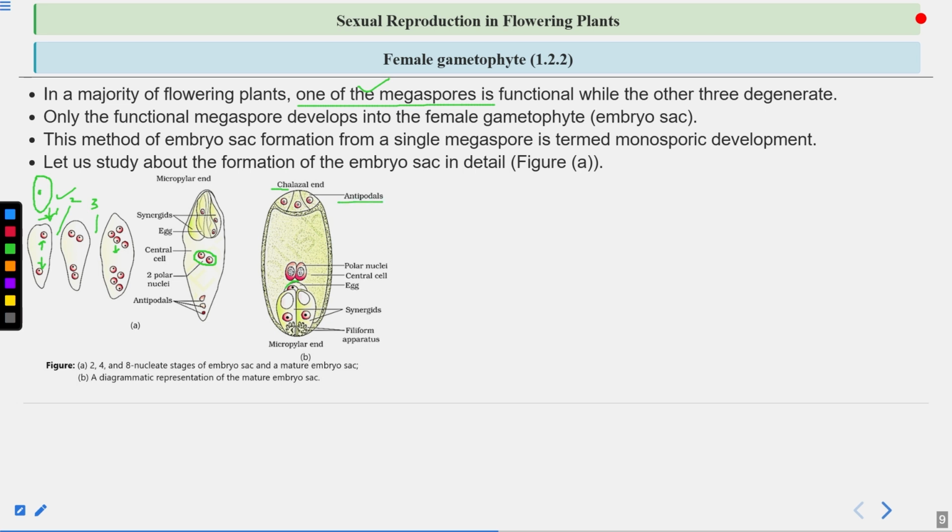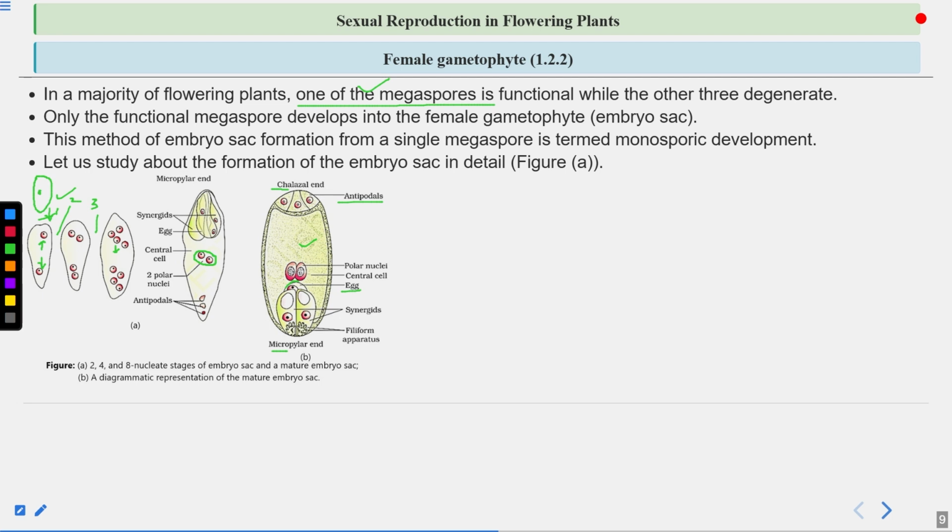Here you can count the number of cells: three antipodal cells, and one egg cell and two synergid cells, so 3 cells at the micropylar end. Total 6. And the central cell makes total 7 cells.